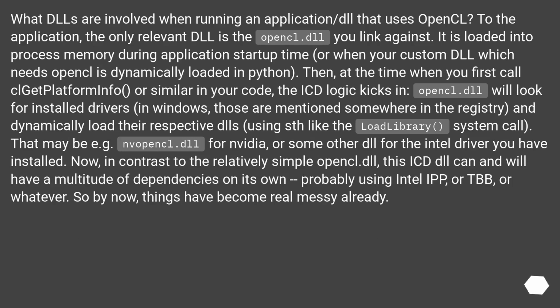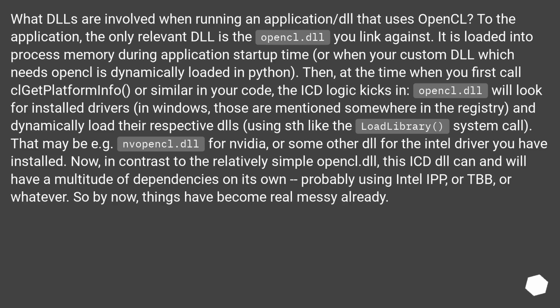To the application, the only relevant DLL is the OpenCL.dll you link against. It is loaded into process memory during application startup time, or when your custom DLL which needs OpenCL is dynamically loaded in Python. Then, at the time when you first call clGetPlatformInfo or similar in your code, the ICD logic kicks in.